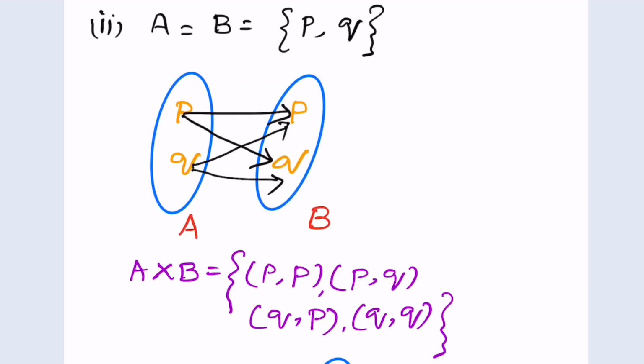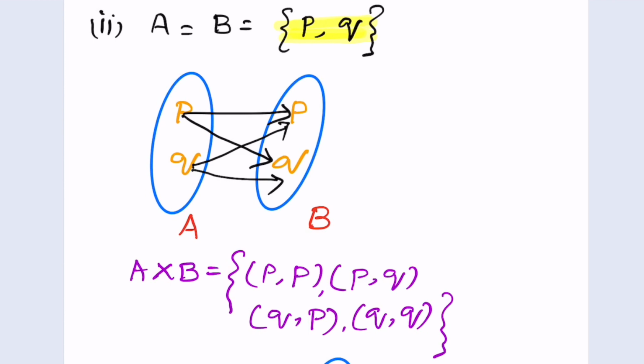Let us see the second subdivision. It is given A is equal to B and B is equal to the set {P, Q}. Now let us picturize it.